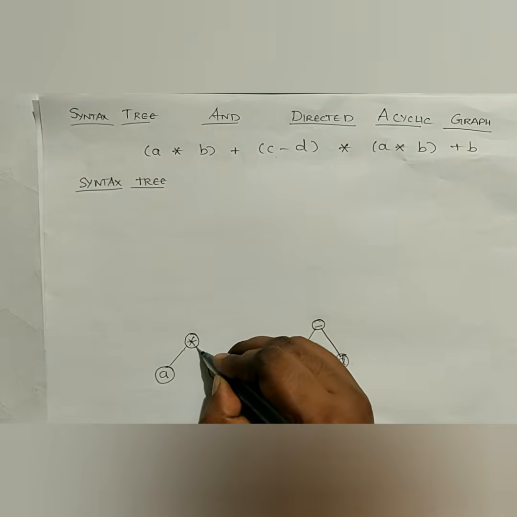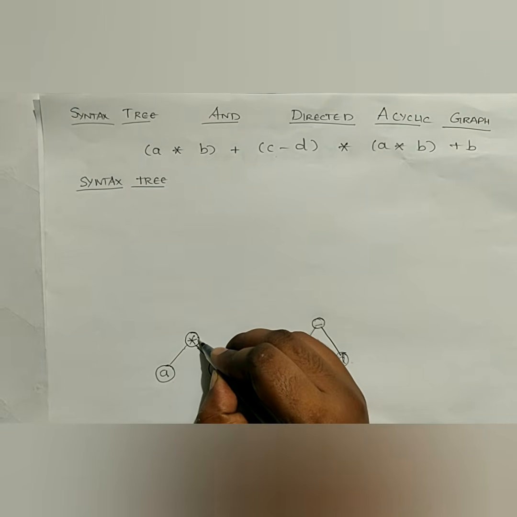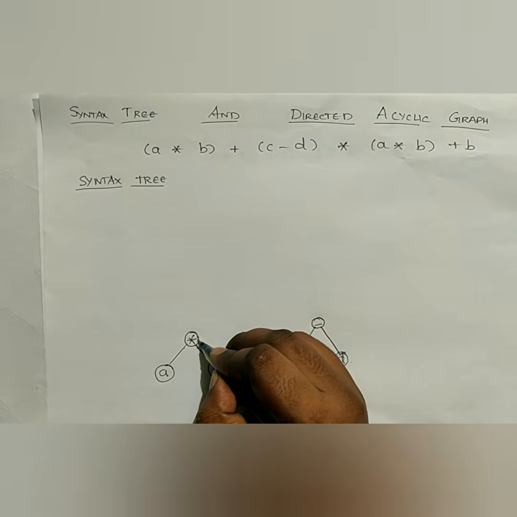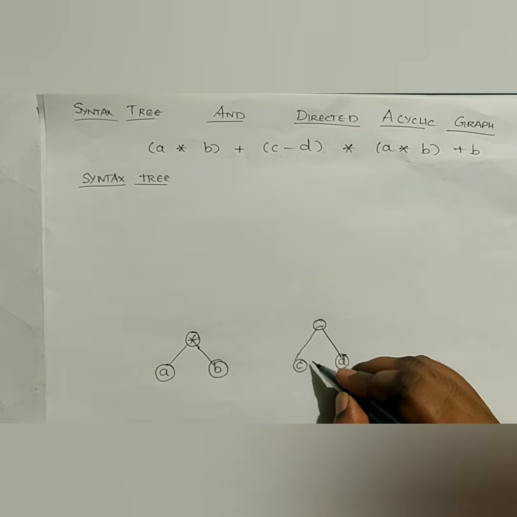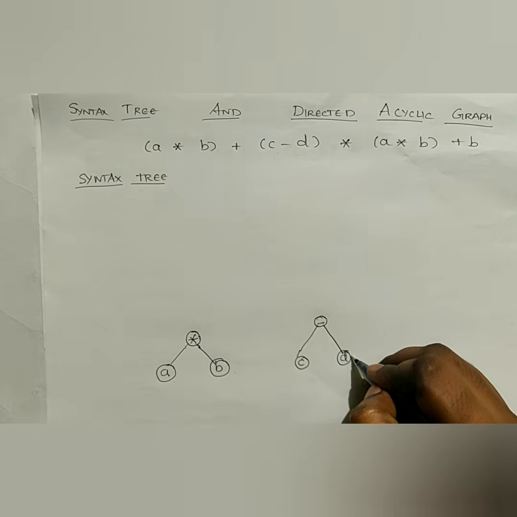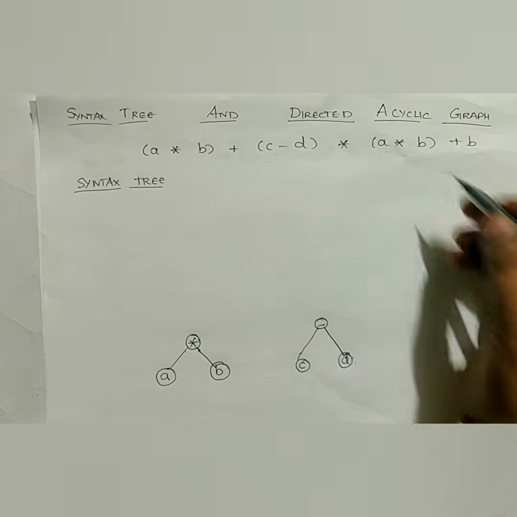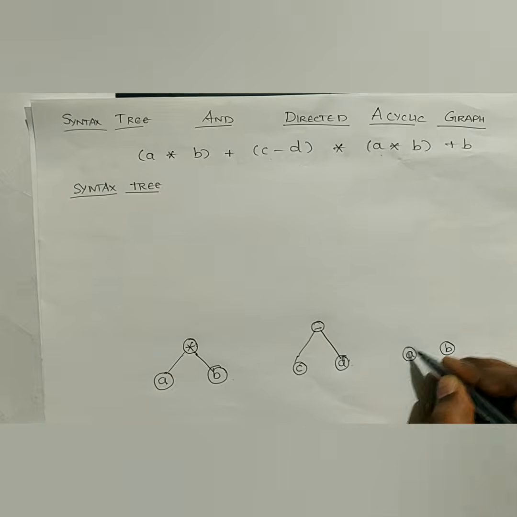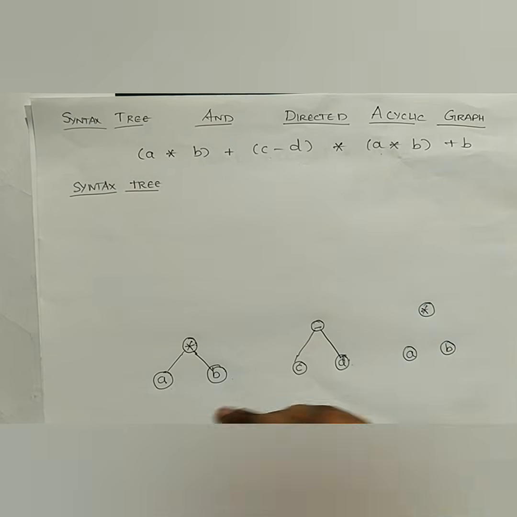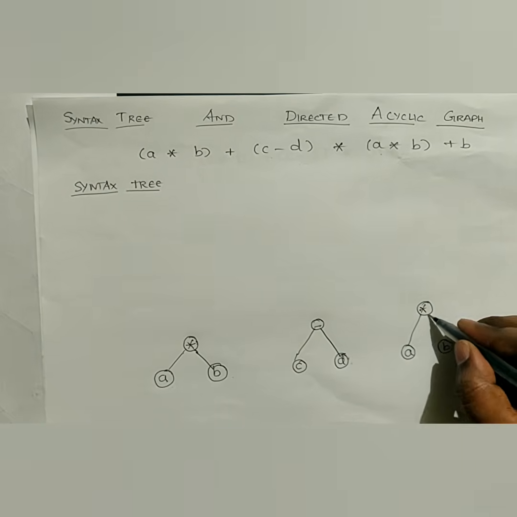This will store the answer of multiplication of A star B, and this will store the answer of C minus D. Similarly, the next symbol is A star B, so A, B and a star symbol. Here we are repeating the structure because this is a syntax tree.